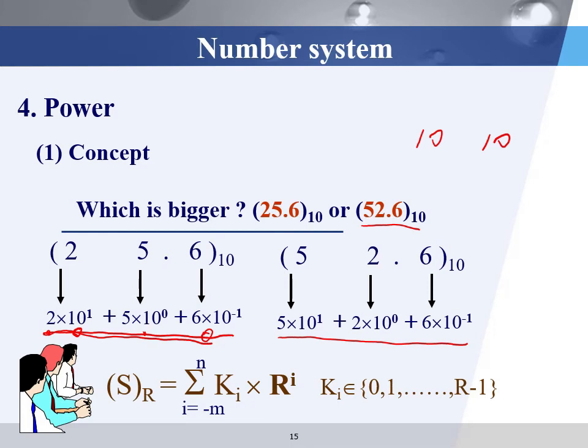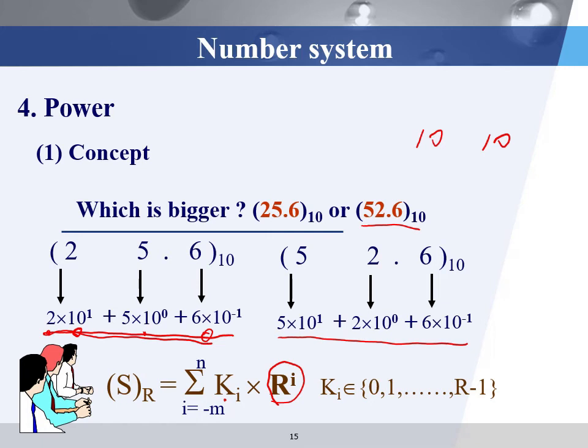And this is the formula for us to calculate the real value of a number. The real value means the value in decimal because the real value is designed for humans to understand. So here it's a sum of different numbers, and the k here means the number on different positions, and this part means the power of the position.